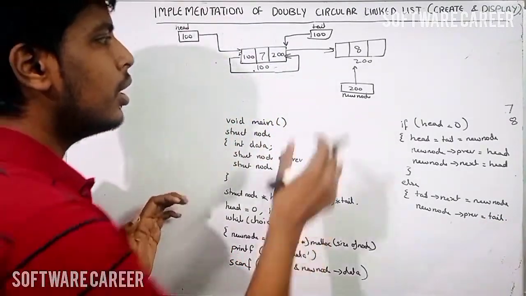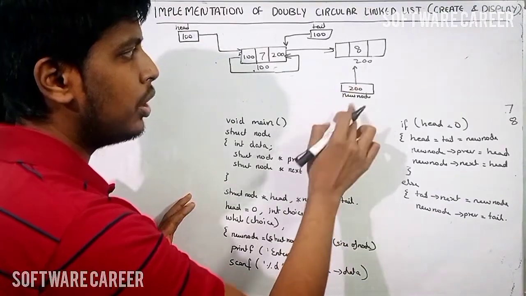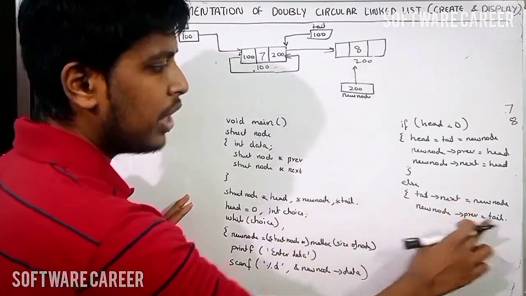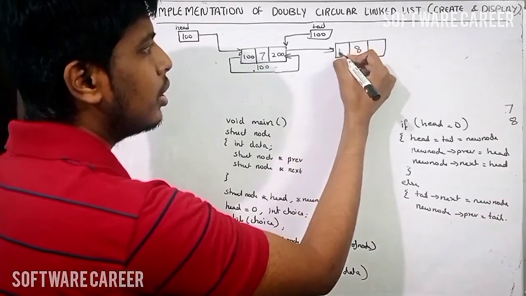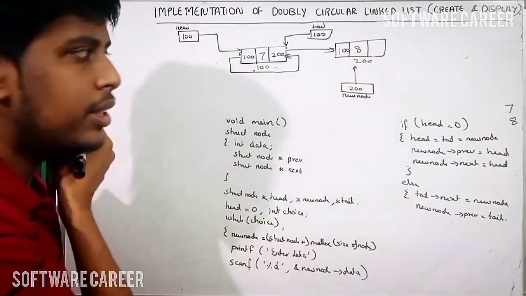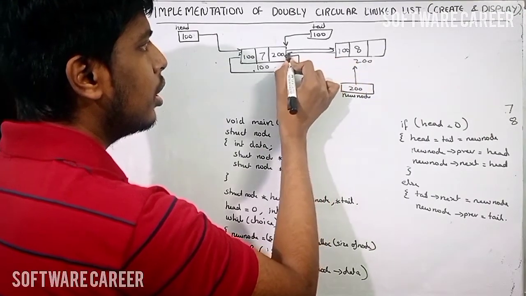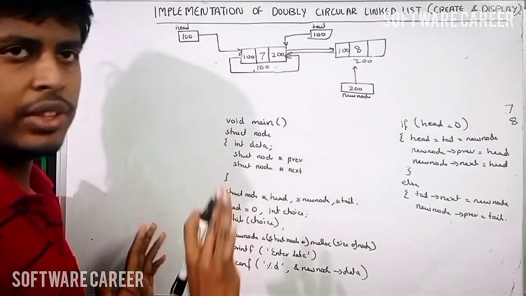Now what is new node previous? New node is pointing at 200. 200 previous is this pointer. In this pointer I will store the address of tail. Tail is 100, so I am storing 100 here. Now it creates a backward link like this. I have created two links in forward and backward direction.